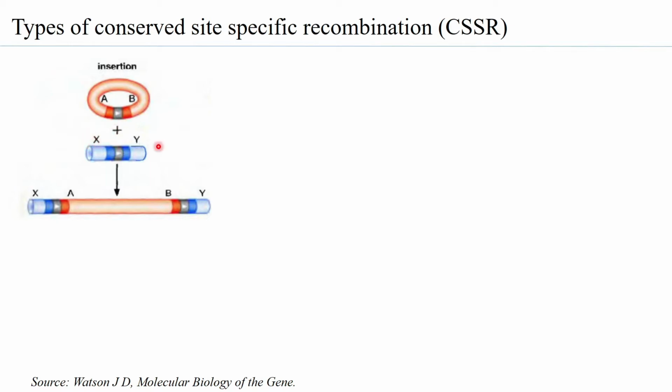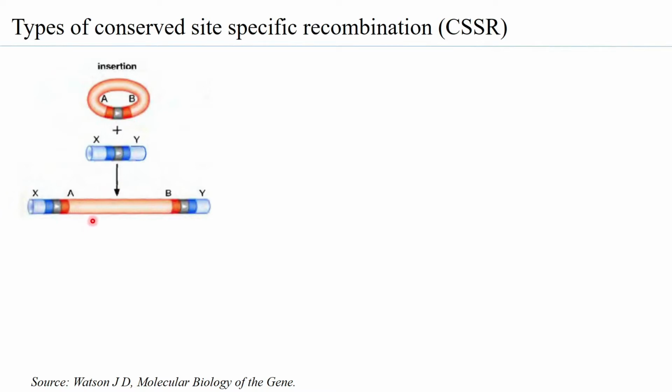X, Y, A and B are basically genes that are denoted. When crossing over happens between these two crossover sites, you can see how the entire gene between them gets inserted.